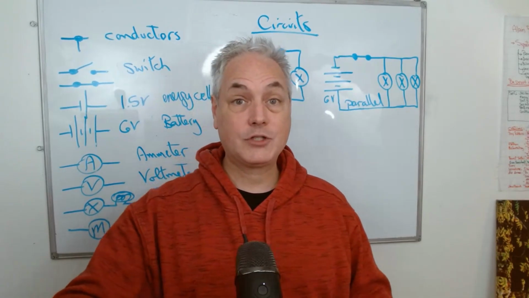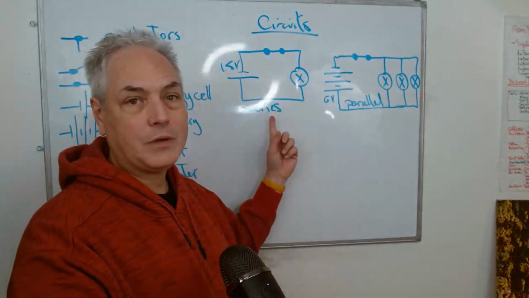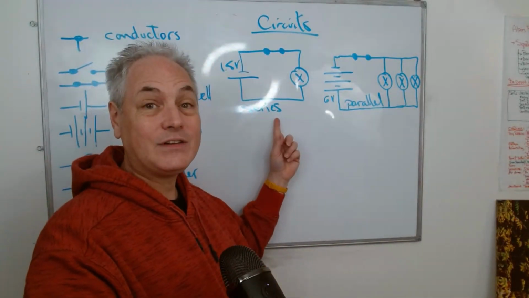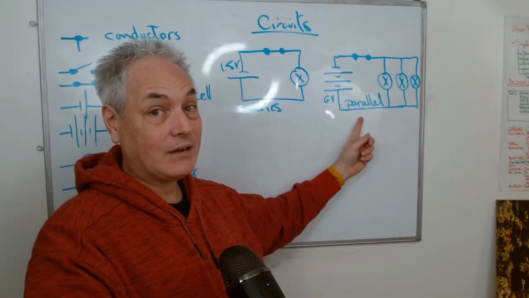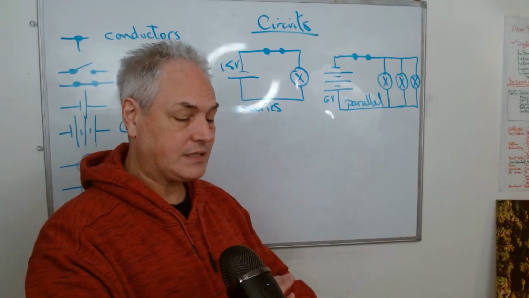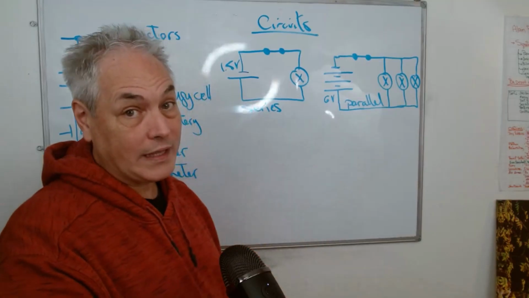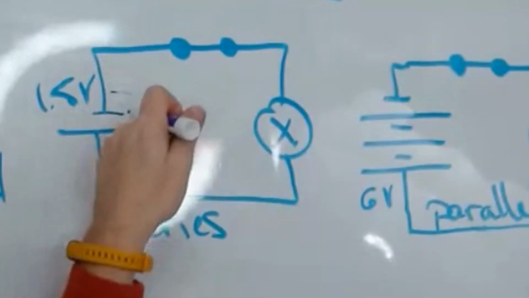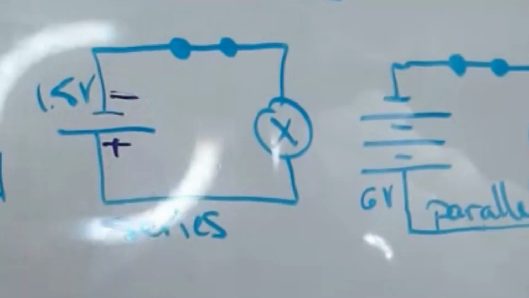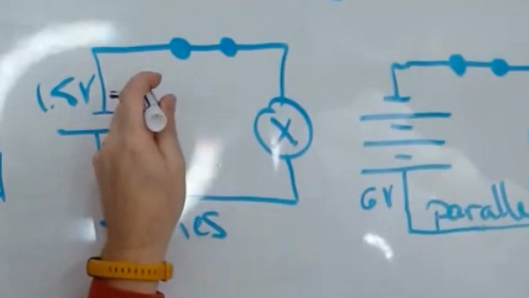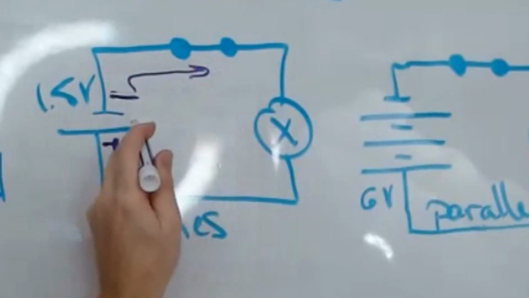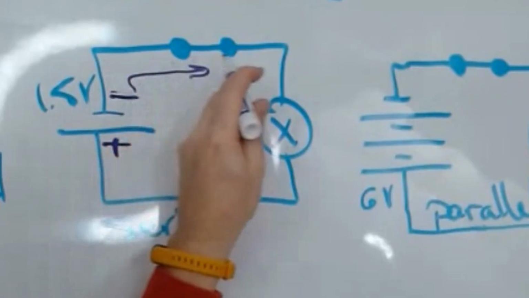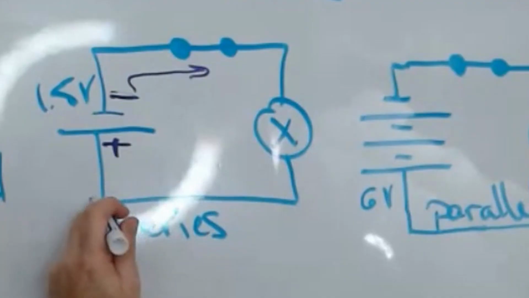Now, the 2 different types of circuits are what we call the series circuit and the parallel circuit. What's interesting with the series circuit is that there's only one way for electrons to go through. If you look here, this is negative and positive. The electrons are moving this way, from the negative side towards the positive side.